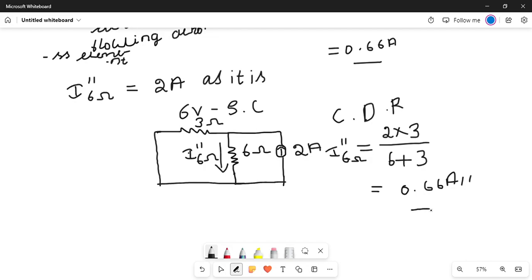Now for the total, I have to add: I6 ohm is equal to I6 dash ohm plus I6 double dash ohm.